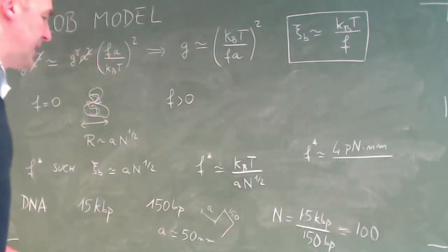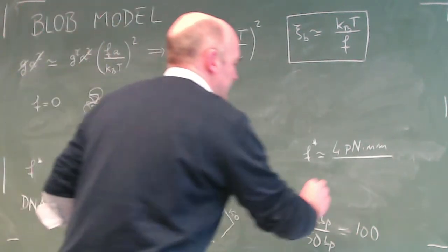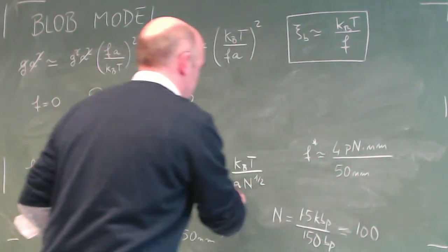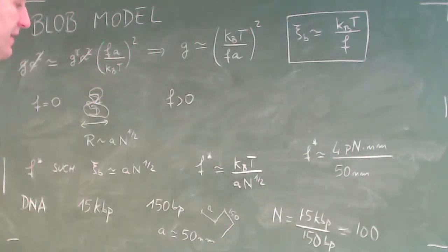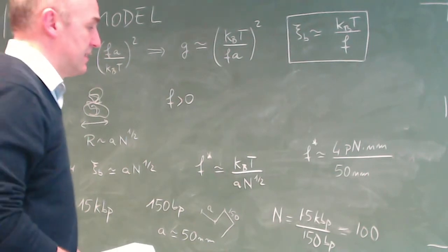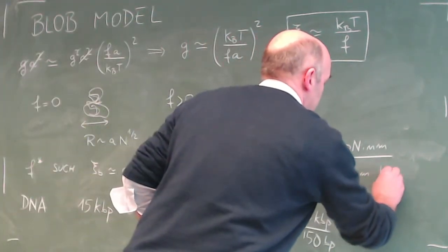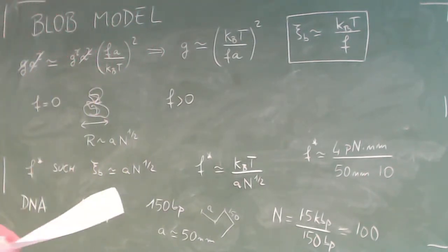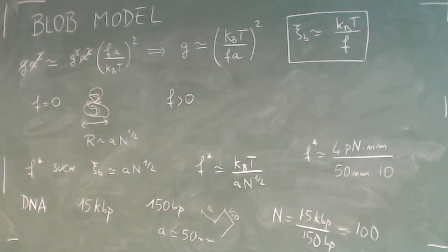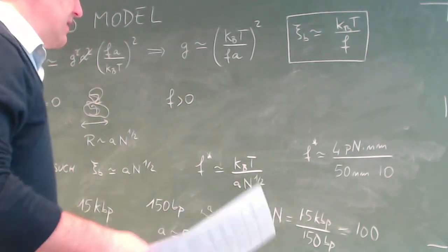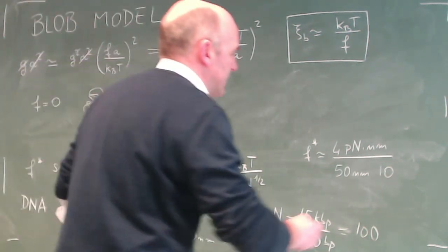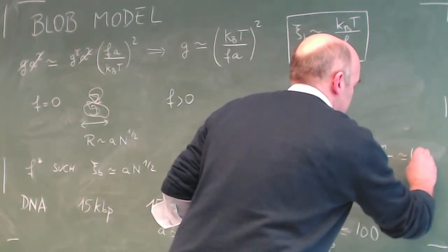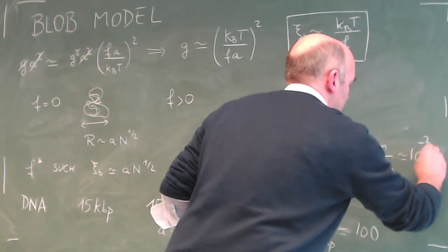And we divide this by A, which is 50 nanometers, and the square root of N, which is 10. Okay, this is a number. So we have 4 divided by 500. We approximate this as 5 divided by 500. The nanometer goes away. This gives us 10 to the minus 2 piconewton.